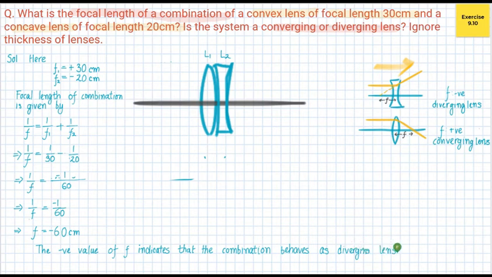So if you have any confusion from this problem, please don't hesitate to ask. I will re-explain it to you again. Fine. So now let's move to our next problem.